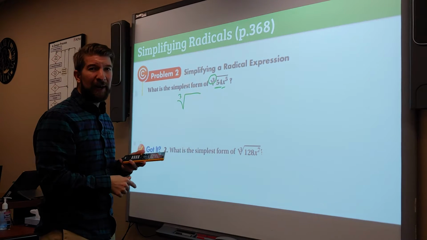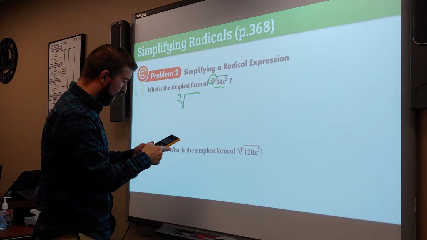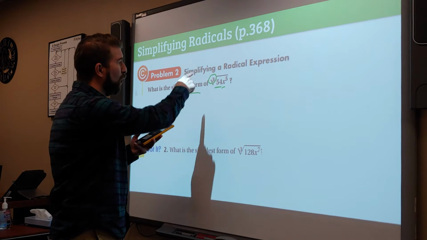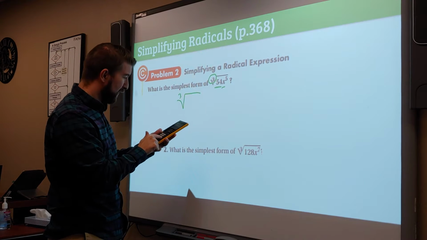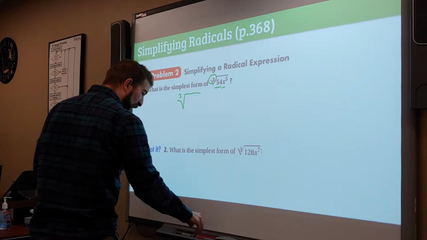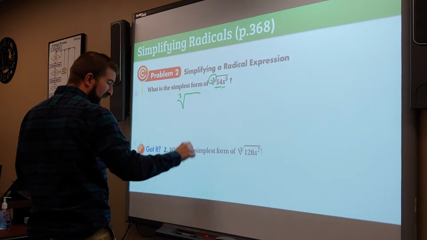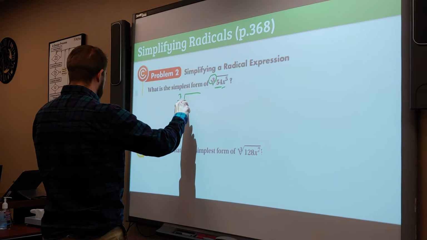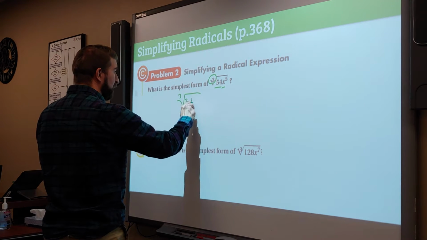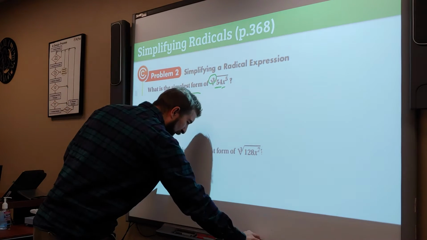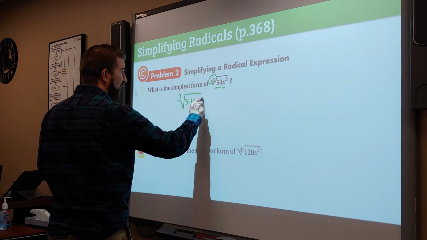So then I look and I say, okay, is there another way that I can break this down? And just off the top of my head, the way I would want to do this is I'm just going to divide 54 by 3, because that's the root. And I'm going to see what I get. I get 18. So I could rewrite this 54 as 3 times 18, and then we still have our x to the 5th.